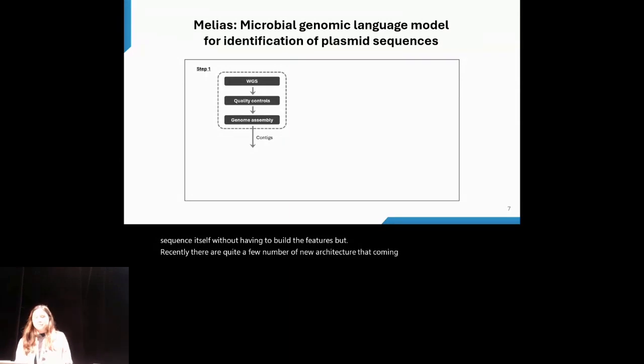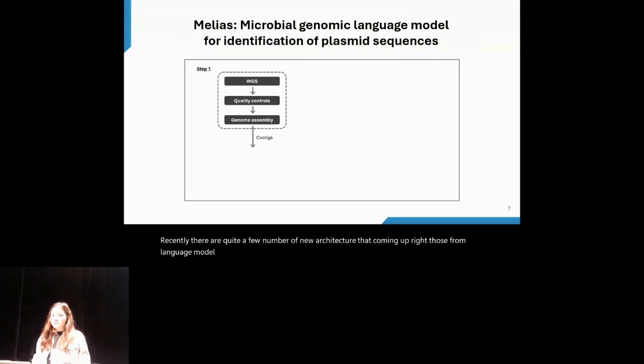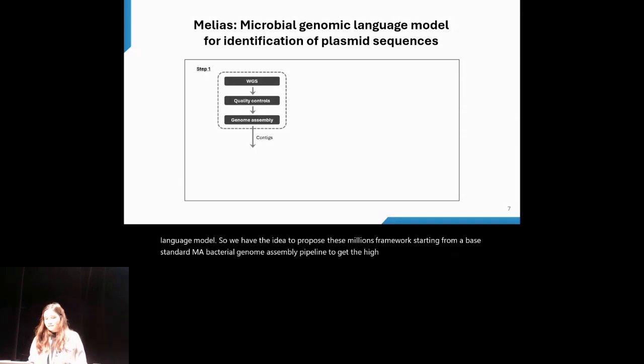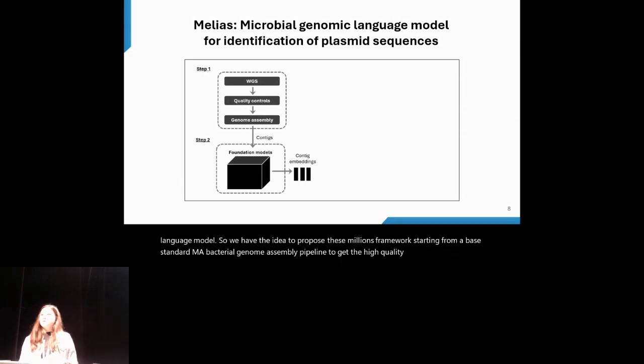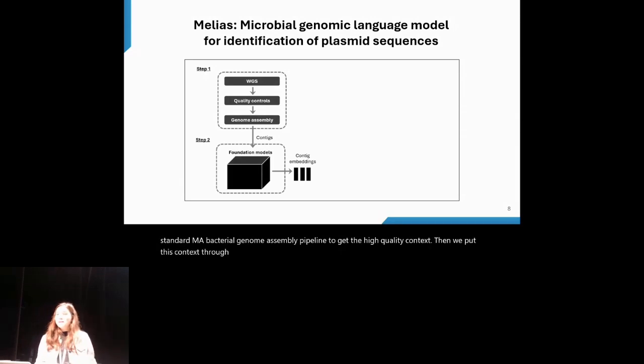Those from language models. So we have the idea to propose this MELIAS framework, starting from a standard bacterial genome assembly pipeline to get high quality contigs. Then we put these contigs through the foundation models to get the embeddings.